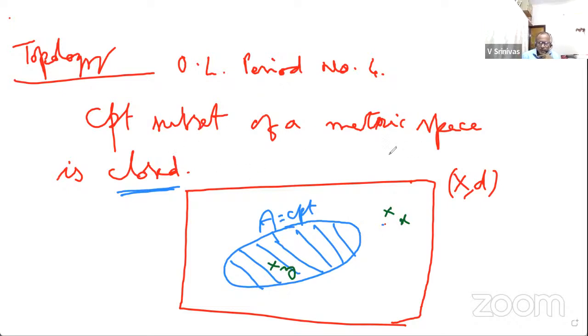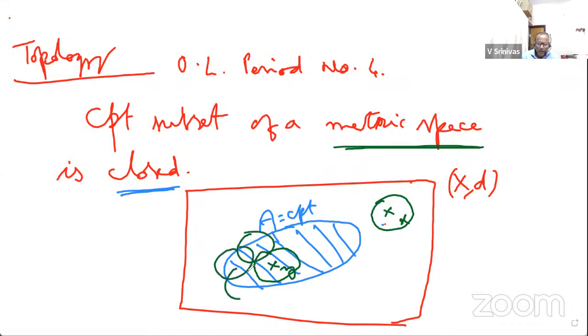In a metric space, if you have two distinct points, you can separate them with the help of open neighborhoods. So as y varies in A, you'll be getting different open neighborhoods.